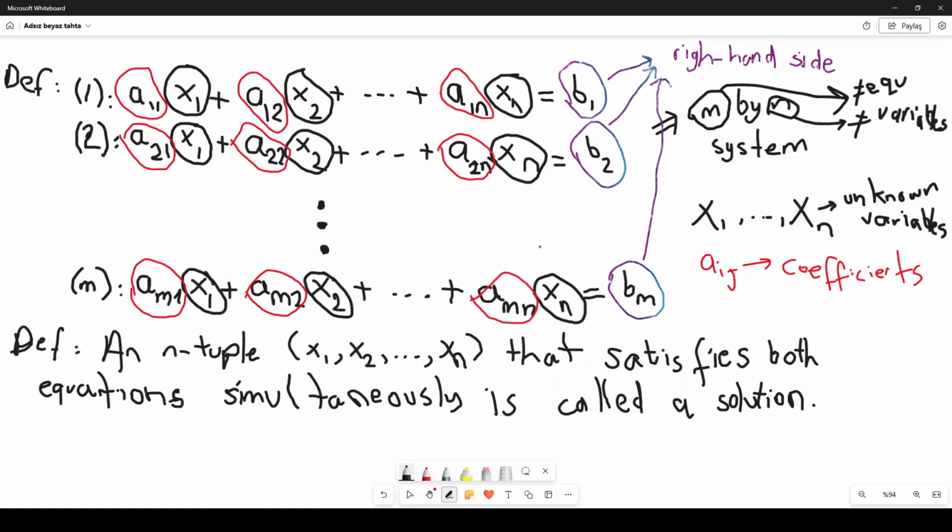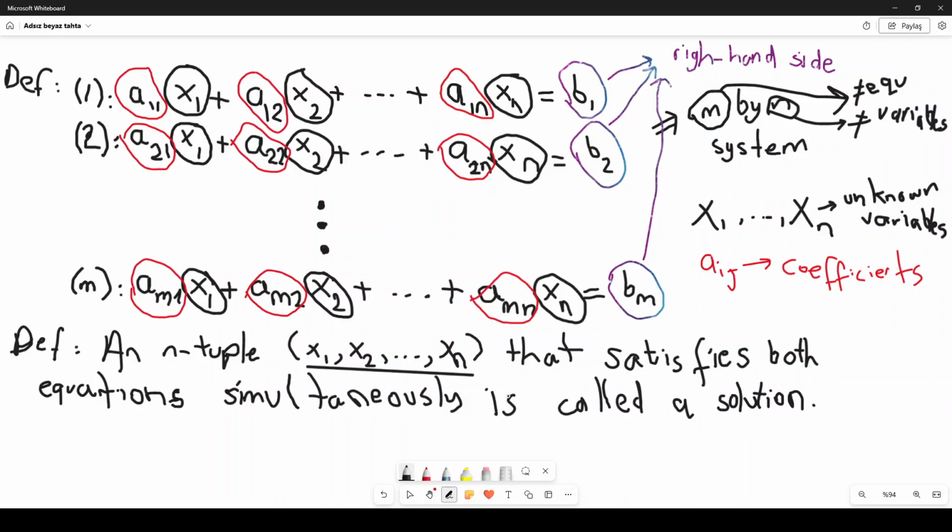Okay. And let's define another important concept, which is, of course, what we'll be trying to find: an n-tuple. In other words, a vector of x1 to xn which satisfies all the equations in this given system.